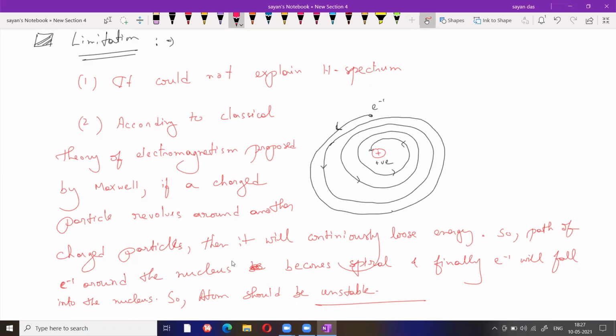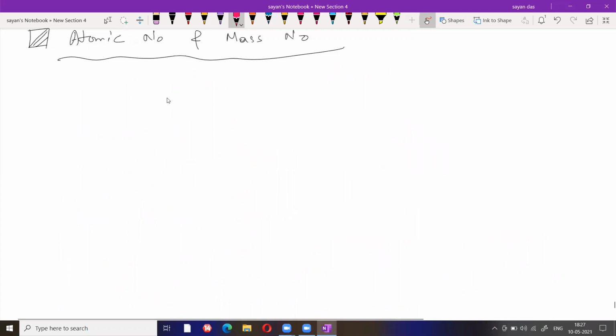Next is atomic number. What is atomic number? We all know that this is class 10.